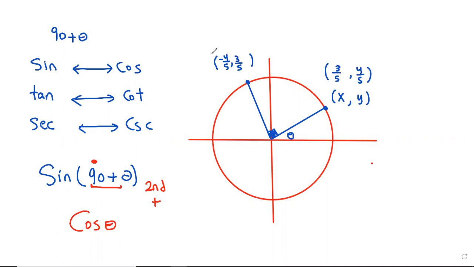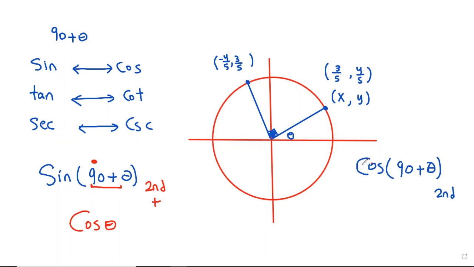What about cosine 90 plus theta? Ask about the quadrant. In which quadrant does 90 plus theta lie? In the second quadrant. What is the sign of cosine?